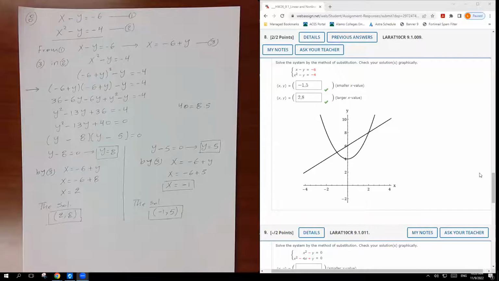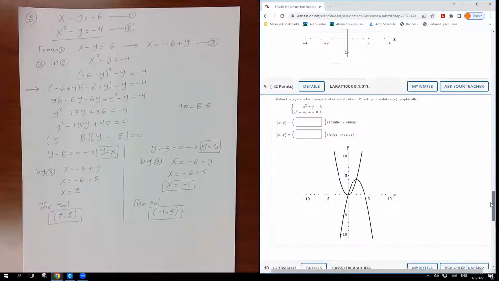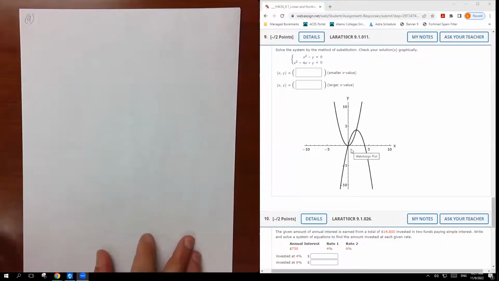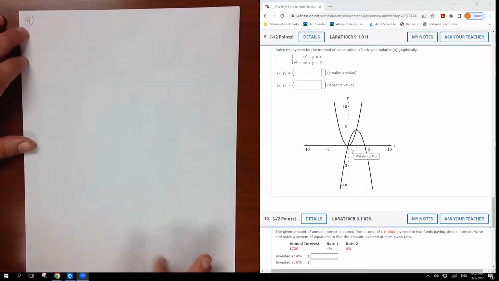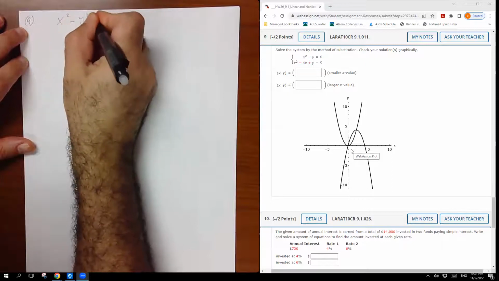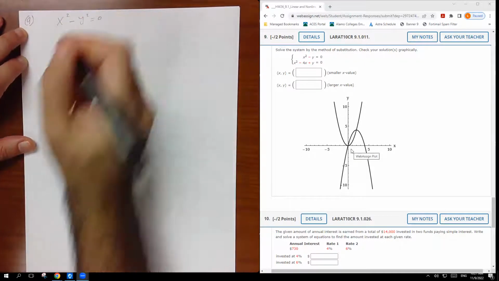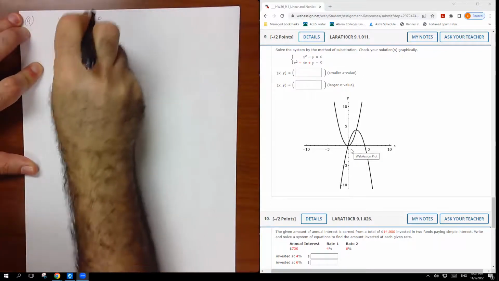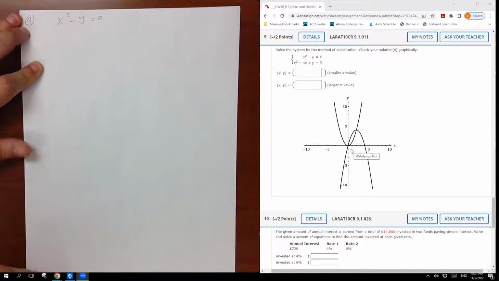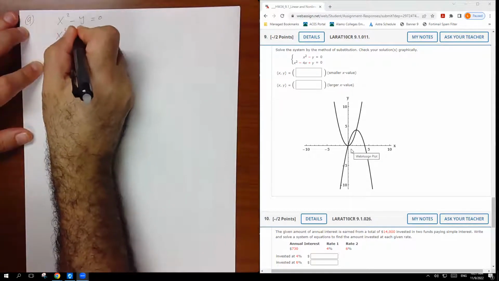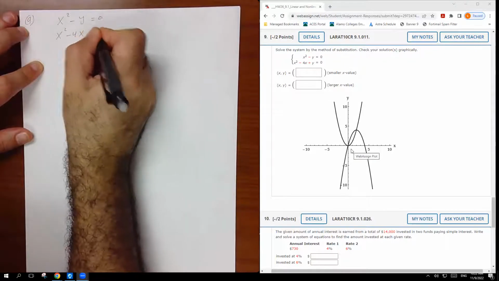Let's move to example 9. Let's check example 9, how we're gonna solve this one. So for example 9, we have the first equation, which is x squared minus y equals 0. And the second one is x squared minus 4x plus y equals 0.